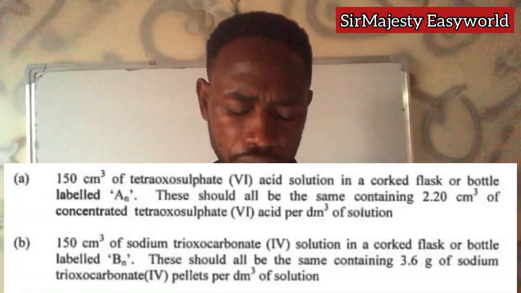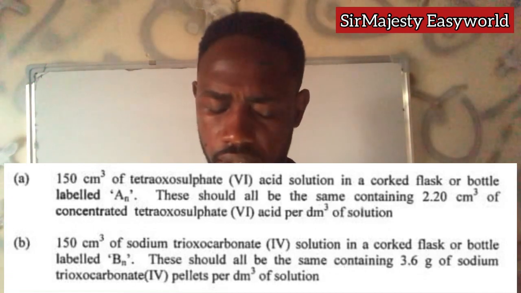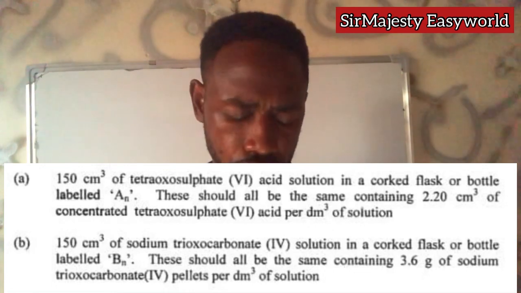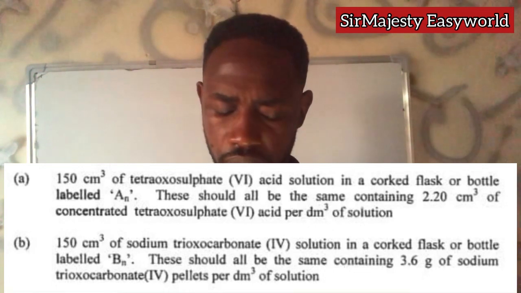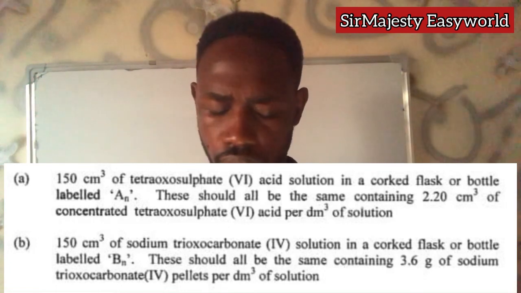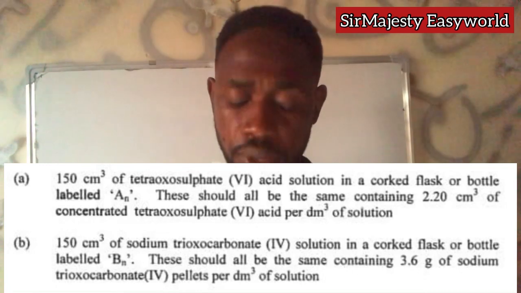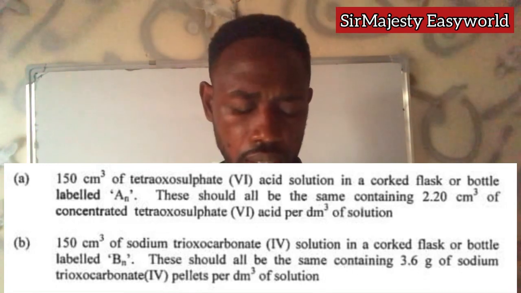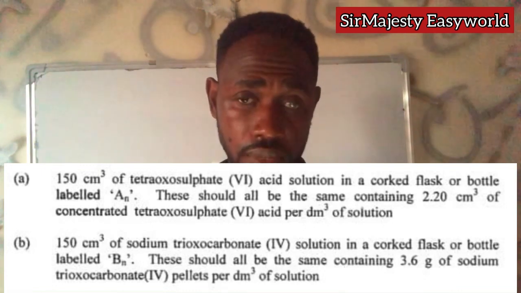So using the specification there on the screen, they say 150 cm cube of tetraoxosulfate 6 acid solution in a corked flask or bottle labeled AN. These should all be the same, containing 2.20 cm cube of concentrated tetraoxosulfate 6 acid per dm cube of solution. That is for solution A. Then for solution B, that's very simple.